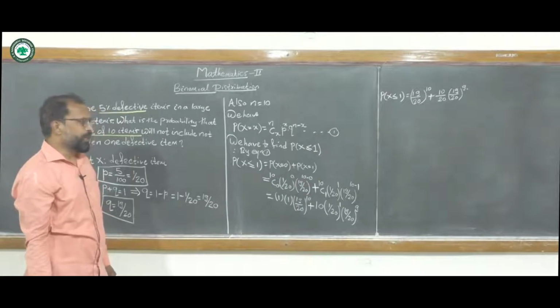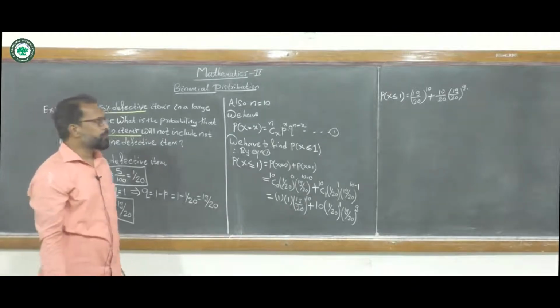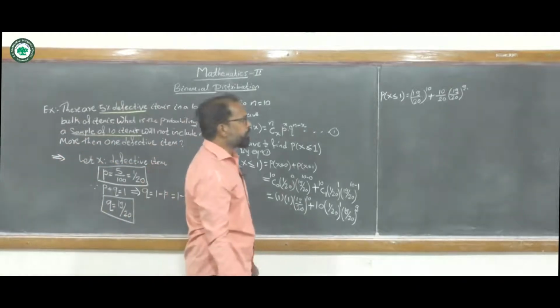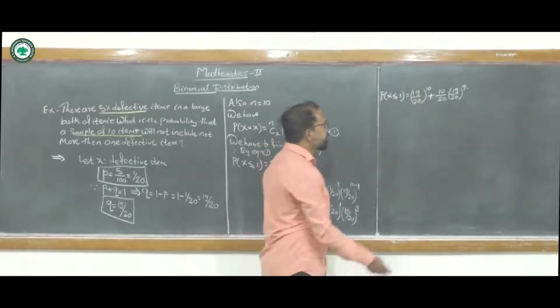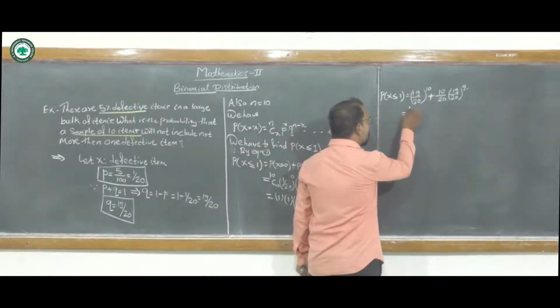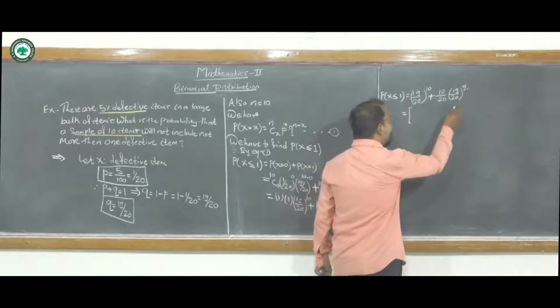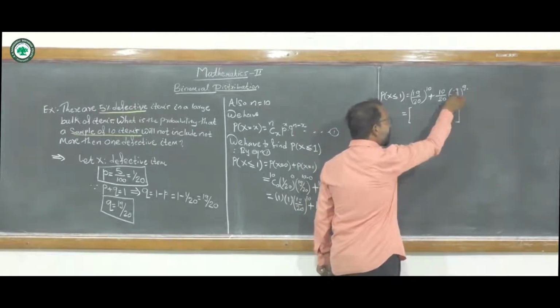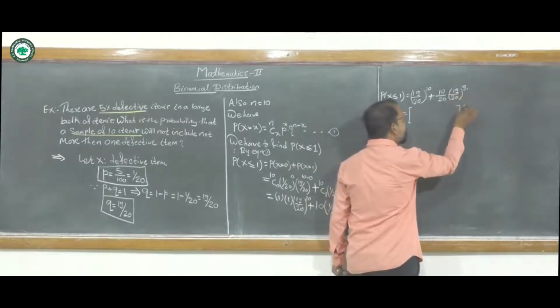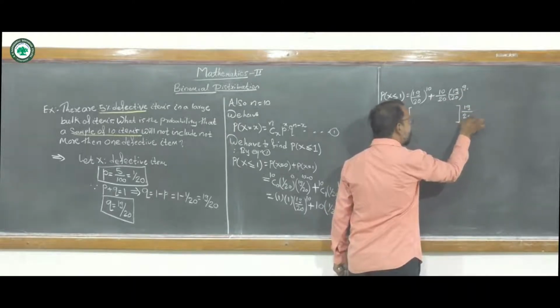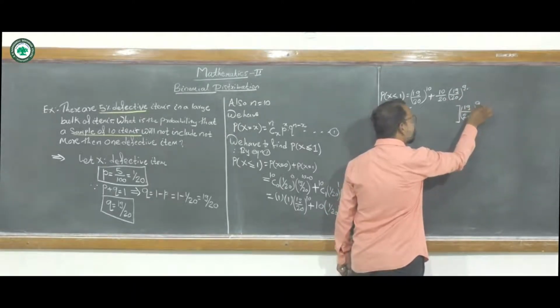Now we simplify it. We use the law of indices, taking 19 upon 20 raised to 9 as a common factor.